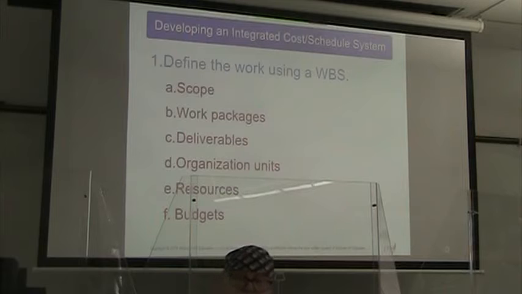So that means that we have to know our scope, our work packages, our deliverables, our organization units, our resources, and our budgets, right? So all of these things have to be in place to be able to develop that integrated cost schedule system.